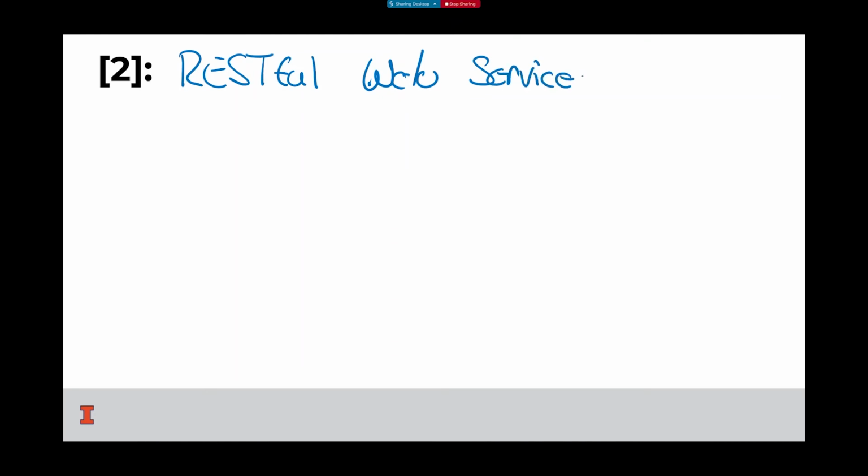So the second type of web service is the primary form of APIs that you're going to work with. The second form of web services are what we call RESTful Web Services. Sometimes you just hear them called RESTful APIs.